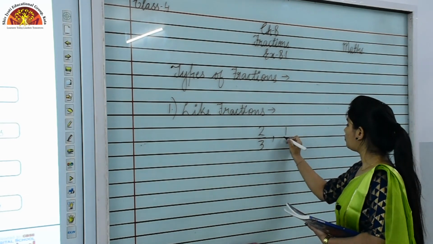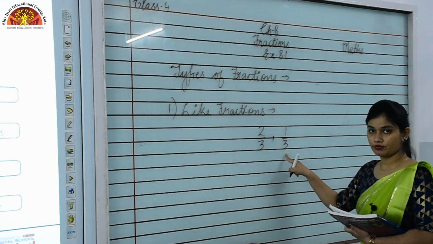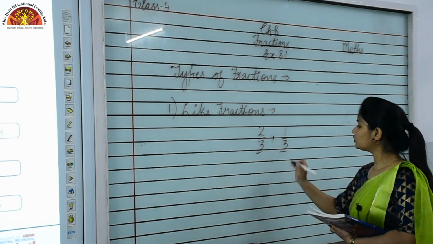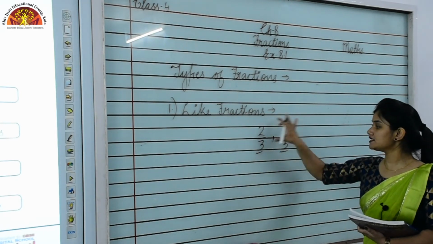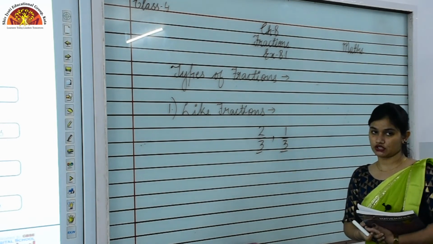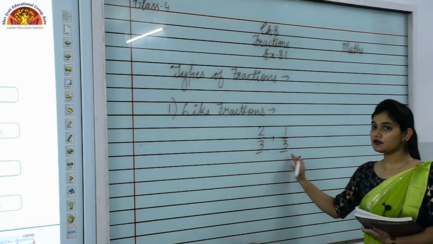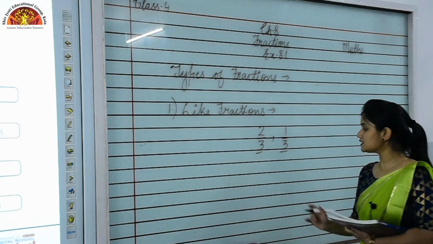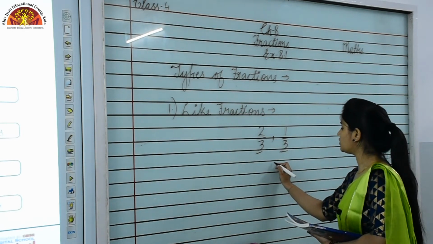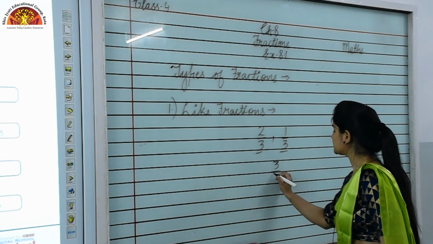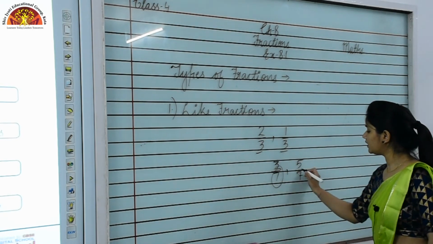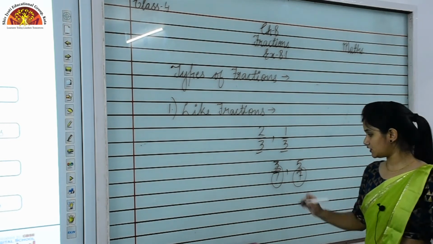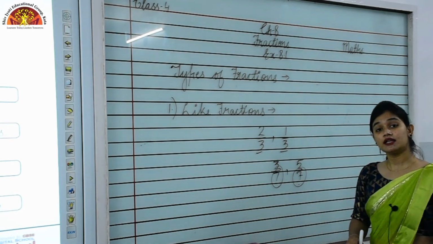You can see here 1 upon 3, again denominator is 3. It means in both of the fractions, denominators are 3. So these fractions are like fractions. Okay students, you have to see the same denominators. 3 upon 7 and the next is 5 upon 7. Again the denominators are 7 and 7. It means these two fractions are like fractions.